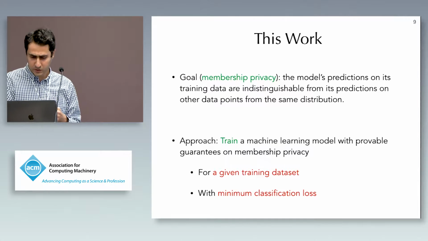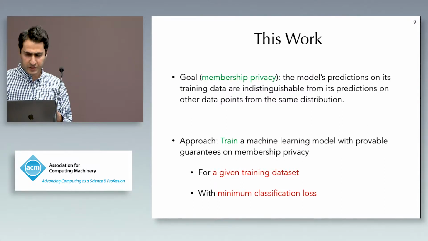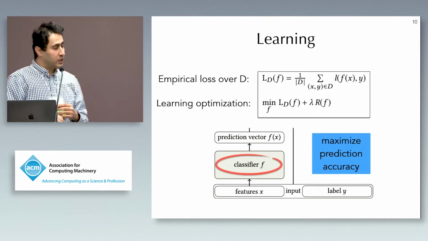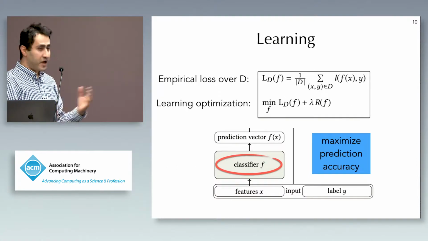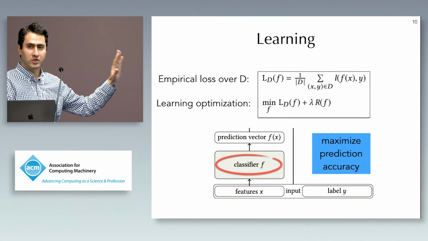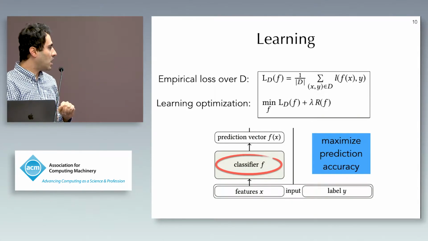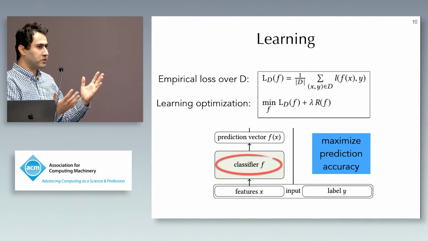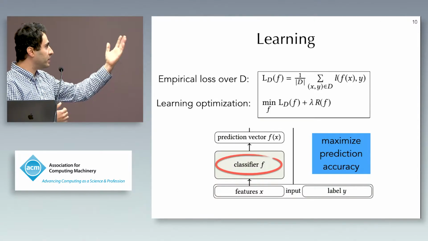All right, so let's see how we're doing this. Suppose that F is the machine learning classifier that we're trying to protect. This is the model that we want to make sure is not leaking membership information. Typically, if we don't care about privacy, this is how we train the model, right?